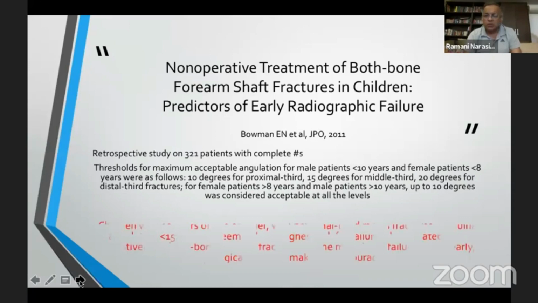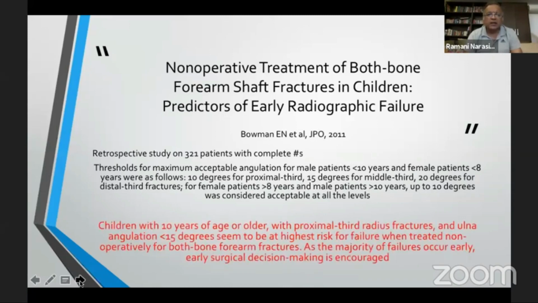But the conclusion was very interesting. Children 10 years of age or older with proximal third radial fractures and ulnar angulation less than 15 degrees seem to be at the highest risk for failure when treated non-operatively for both bone forearm fractures, as the majority of the failures occurred early. Early surgical decision making is encouraged. Now, most of you would be thinking, why less than 15 degrees of angulation of the ulna?